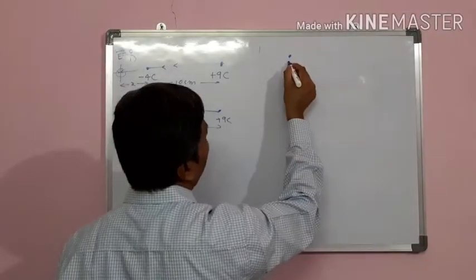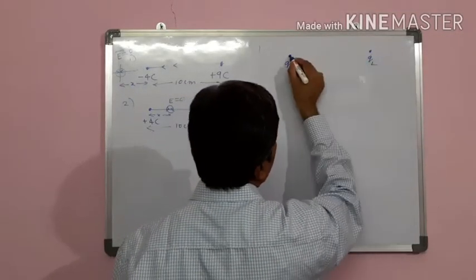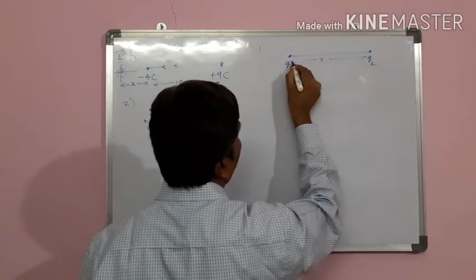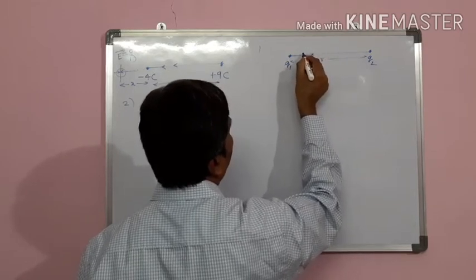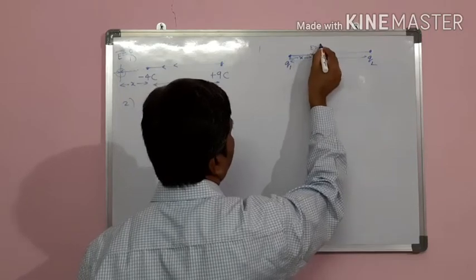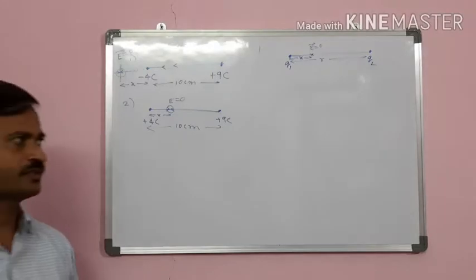If it is q1 and if it is q2, if the distance between them is r, then find where the point will become null, where the null point exists or the electric field becomes 0. At what distance electric field becomes 0?